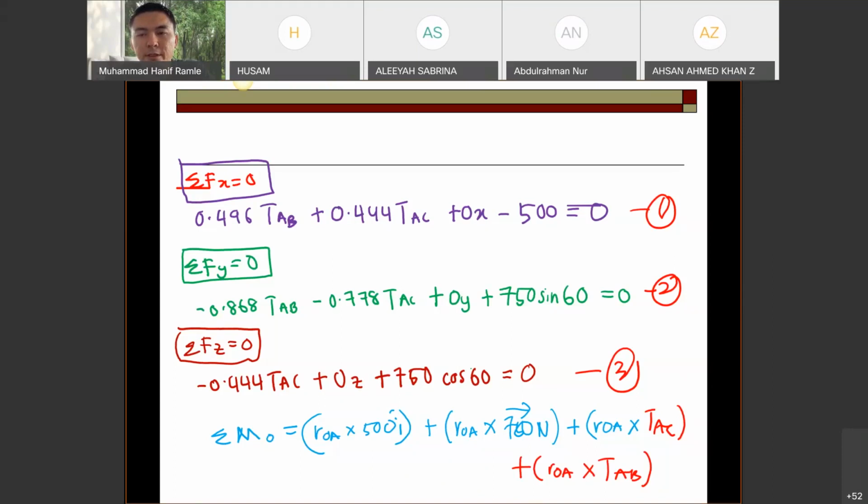Doctor, for the moment, r_OA cross with 500 i, do I need to put negative or positive? No need, just 500.